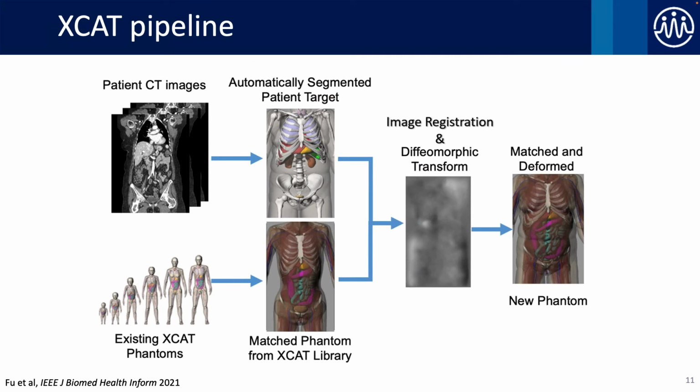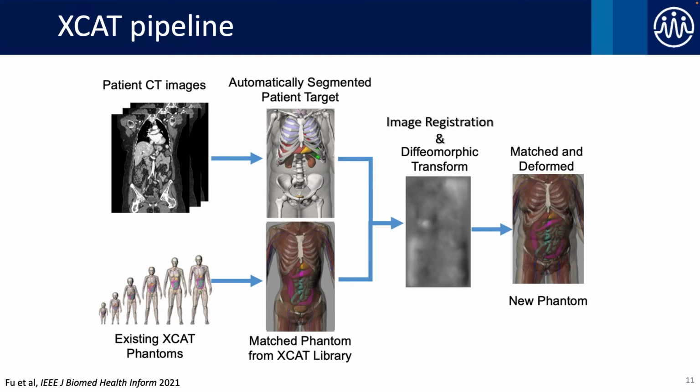The way it works is that we get patient CT images, as I said, or MR images. We automatically segment the major organs. For the organs that we are not able to segment, we use our atlas library of existing phantoms, and we use registration algorithms to complete the organs that we did not segment, and that would give us a new computational phantom. So that is the basic way of modeling this.